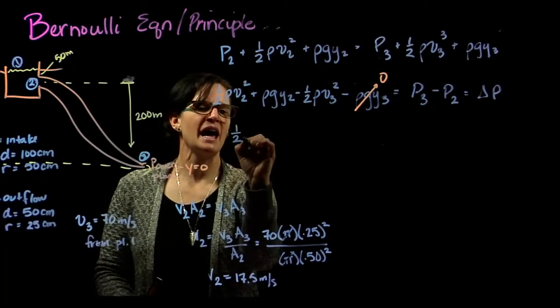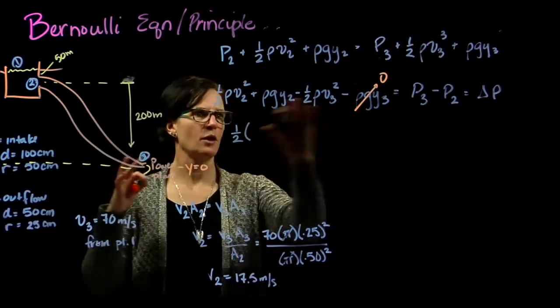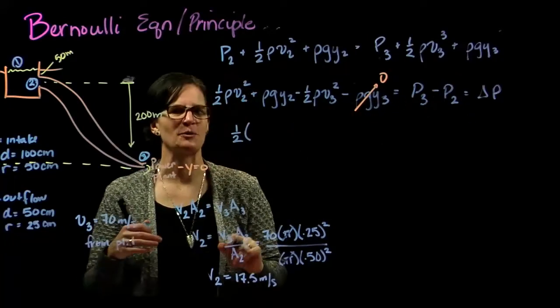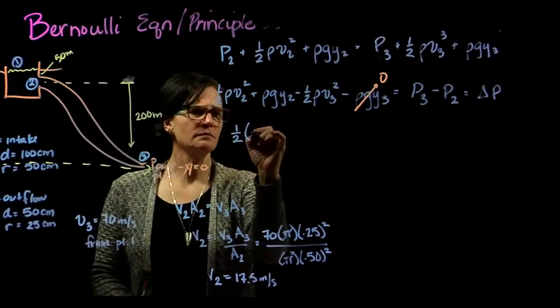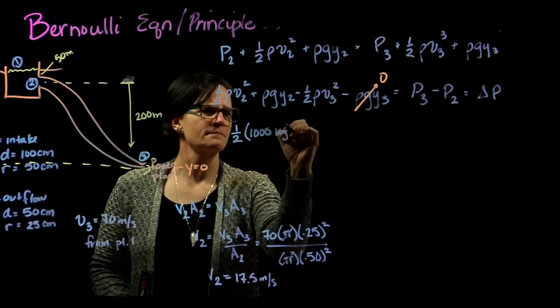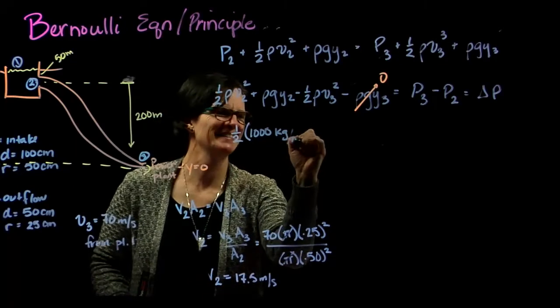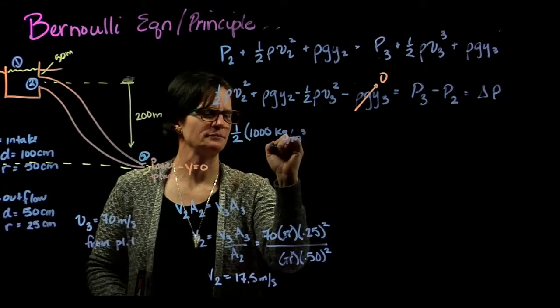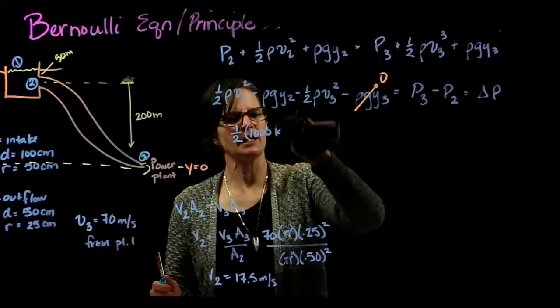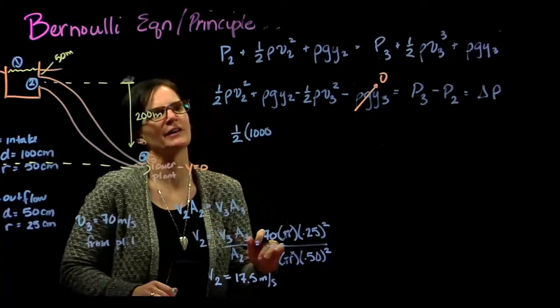So we have 1/2. This is water flowing, and so I can't get rid of rho. It's not in every term. It's not in that pressure term. And so we know it is 1,000 kilograms per meter cubed. I'm blanking on the unit of my density of water.